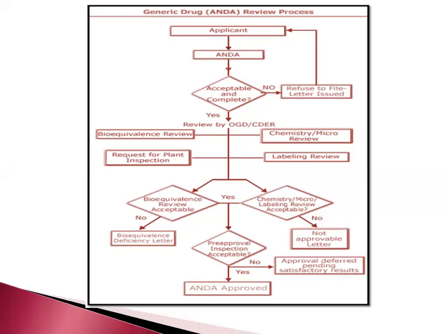If it is not okay, then they will send the letter to the particular applicant that it is not acceptable. Okay. So as per requirement, they will file the application. Regulatory agency will review all the data. If it is acceptable, they will approve that particular document. That is what ANDA application process or generic drug application process.